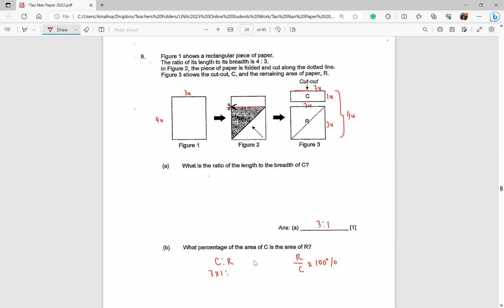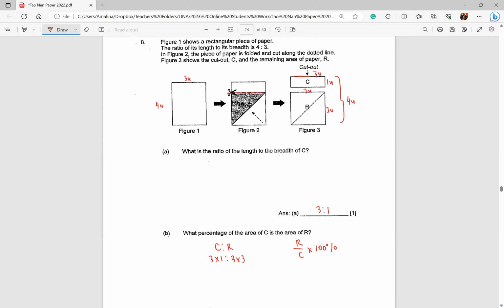For my R, the length and breadth is the same because it's a square. So I get 3 times 3. Okay, so if I simplify this ratio, you get C as 3 and you get your R to be 9. If you simplify this further, the ratio will be 1:3.